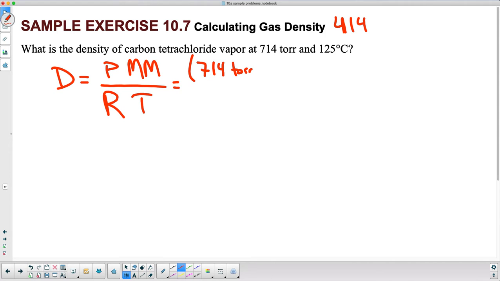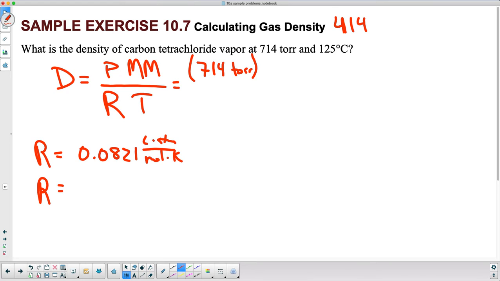Lots of people, even the book, would want you to change that to atmospheres. So you could use the R value, if you have your R value in atmospheres, it's 0.0821 liters times atmospheres over mole Kelvin. Why not just use the R in torr, which is 62.4, and that's torr times liters over mole Kelvin.